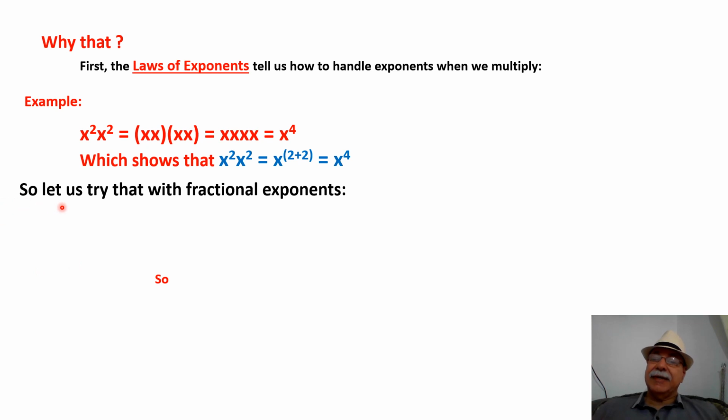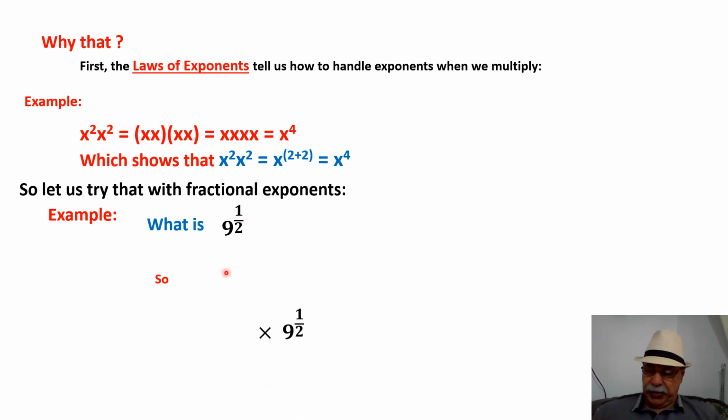So let us try that which is a fractional exponent. We get this example: 9 raised to the power half. 9 to the power half, we said here, meaning the root, the square root.